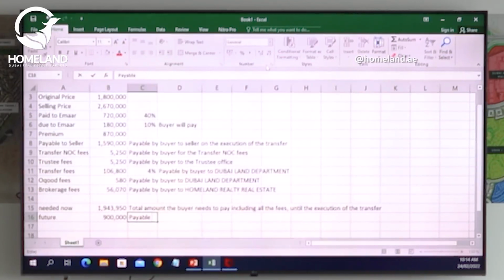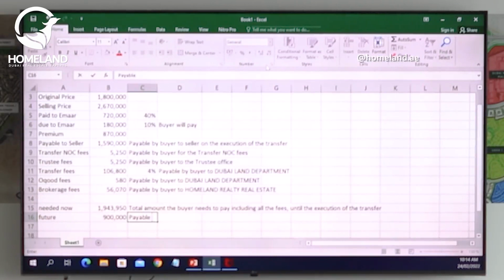So you will get a new SPA from Emaar, and by the way, this is when the payment plan is transferable. There are cases like Dubai Properties where the payment plan is not transferable and it has to be fully settled. This is the case where the payment plan is transferred to the buyer.